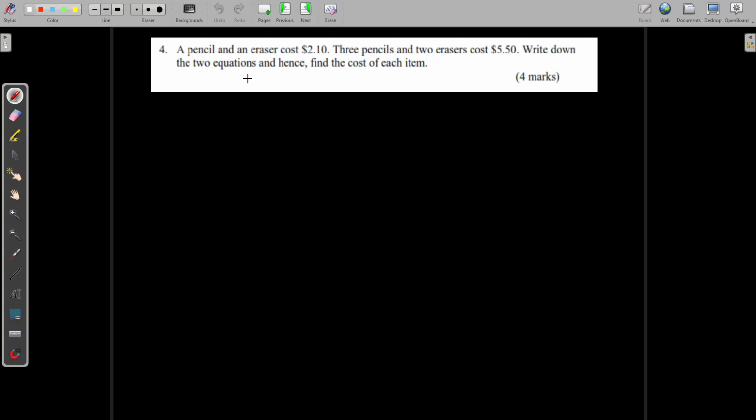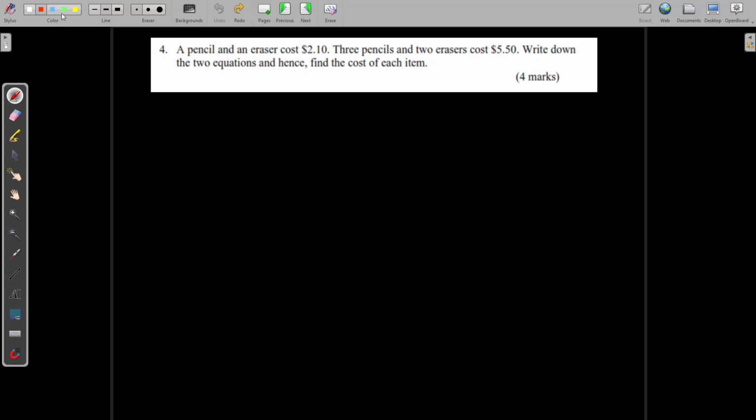Write down 2 equations and hence find the cost of each item. So now we need to analyze this question to gather the important information from it. So it says a pencil, so that's 1. So 1 pencil, an eraser, so 1 pencil and 1 eraser cost $2.10.